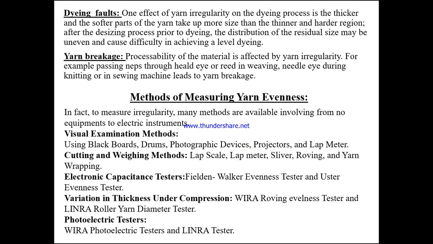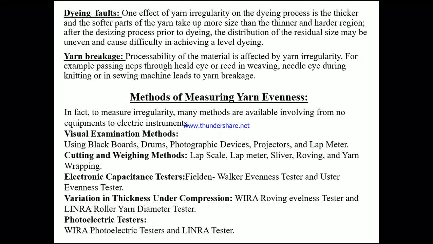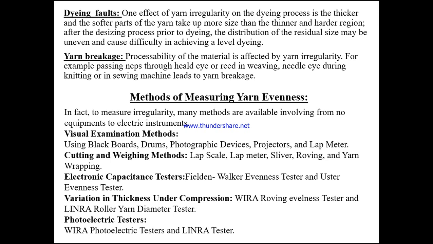Whenever there is a variation in mass, the tongue roller moves upward and downward based on the thick and thin places of the strand. Based on the movement of the tongue roller, one can measure the thickness and thickness variation of the textile strand. So that is the thickness under compression.